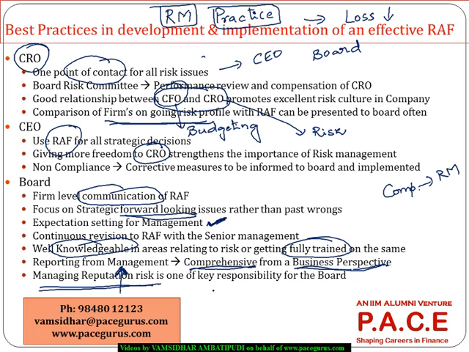Sometimes some people file a lawsuit against a company for some reason, so making sure that reputation risk management also comes into the process. Some of the key things which are identified as best practices at the various levels in the organization.